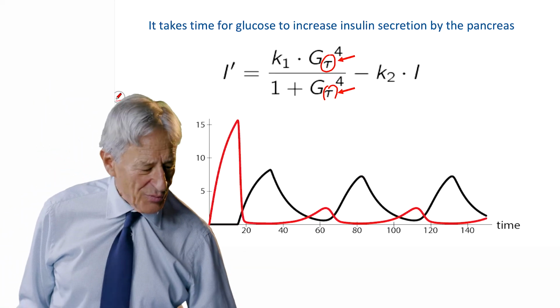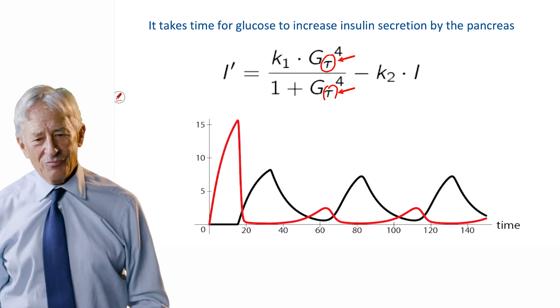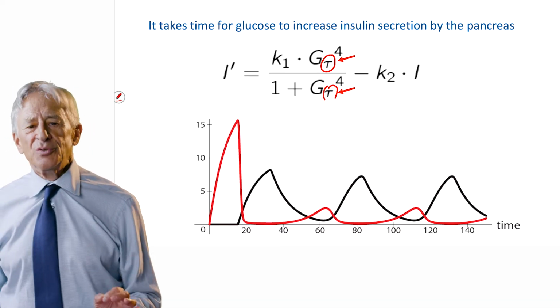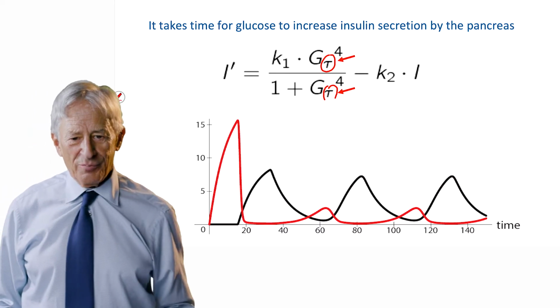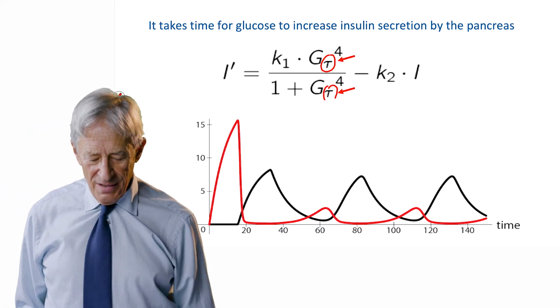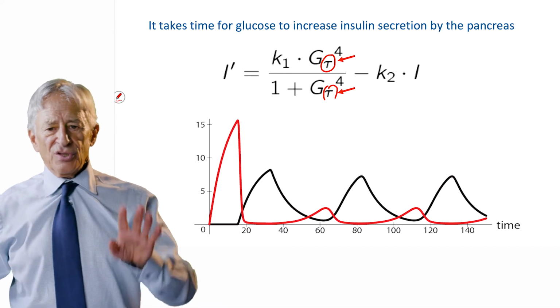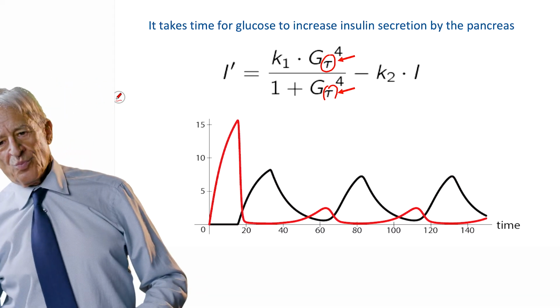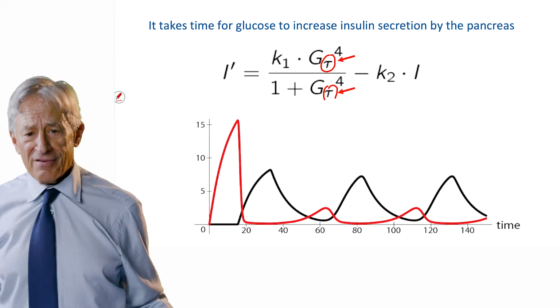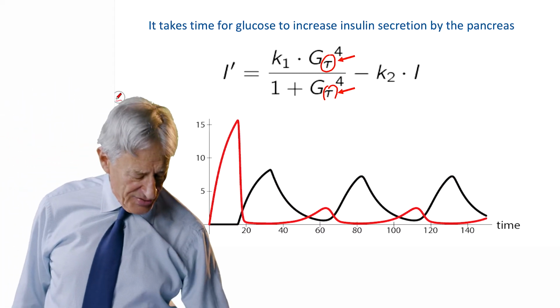And what happens when we include that time delay is the model output changes dramatically, and we now have insulin glucose oscillations. So the next question is, are there glucose insulin oscillations?